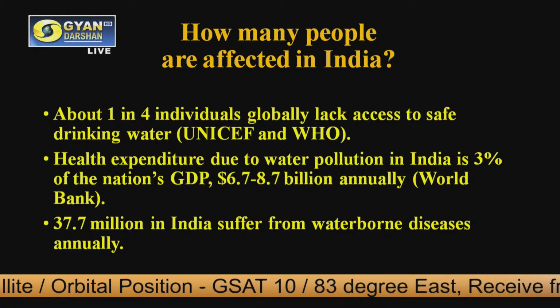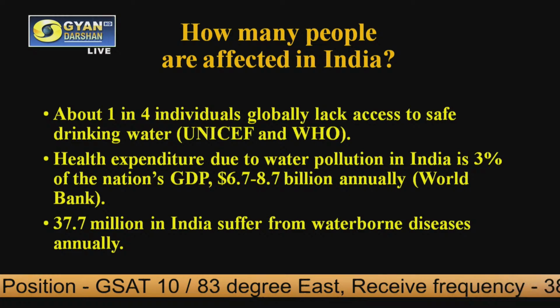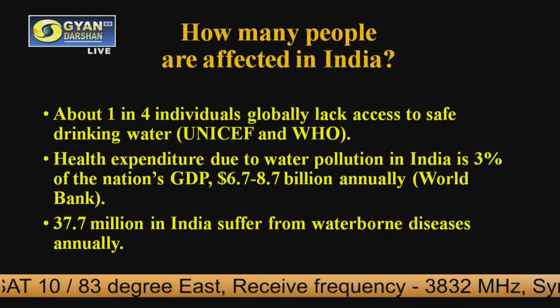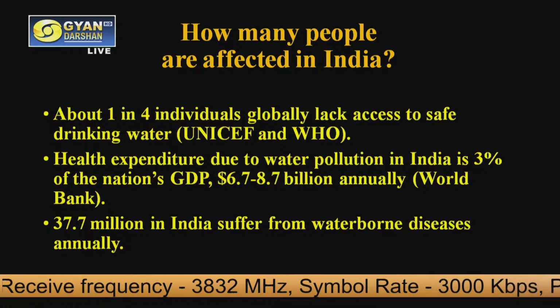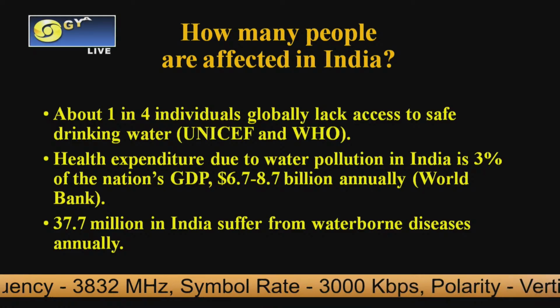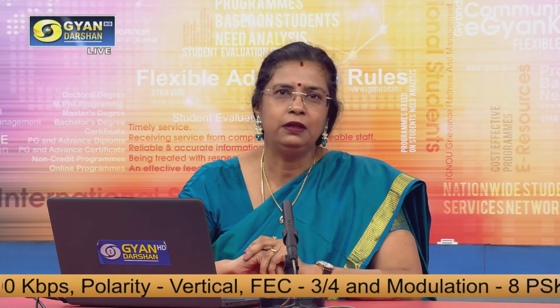This statistic comes from the World Bank report. Around 40 million people in India suffer from waterborne diseases annually. Isn't this a sad state of affairs in our country? So we need to be responsible. We need to filter and manage our water resources responsibly.